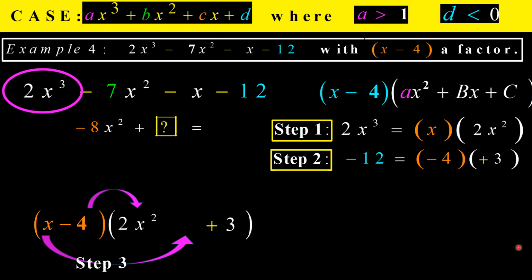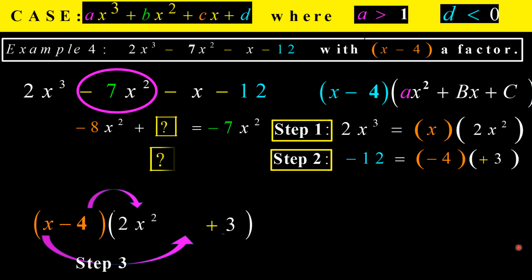But negative 8x squared should give me a negative 7x squared. So what should I do with negative 8 to make it a negative 7? That's right, I need to add a 1 to it. If I add a 1x squared to it, I get negative 7. So my middle term will be 1x, and as before, we don't put the square down because x times x will become the square.